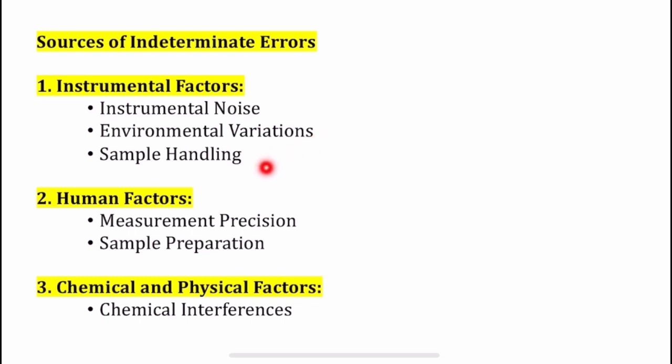Sample handling includes all processes involved in collecting, transporting, storing, and preparing samples for analysis. Poor sample handling can introduce contamination, degradation, or changes in the sample composition.